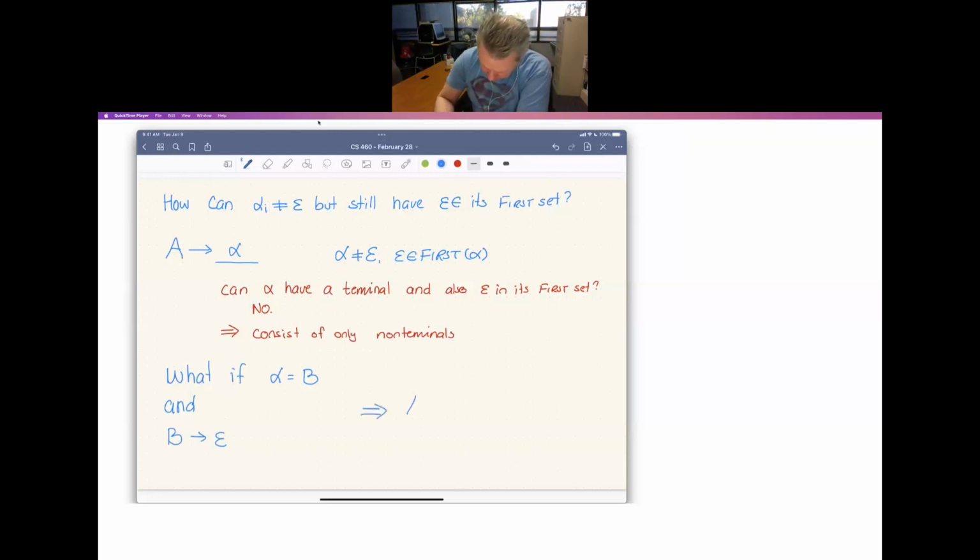So if I have a goes to b and b goes to epsilon. Actually, I'm going to say epsilon or x, just so that we get some more fun, right? So if I have that, then isn't it true now that I have a right-hand side that has epsilon in its first set without the right-hand side actually being epsilon?